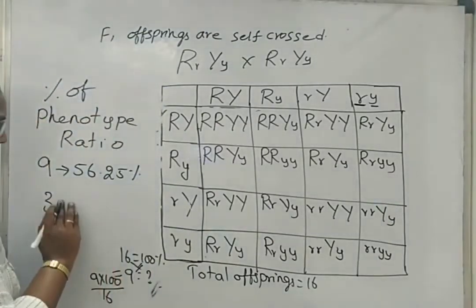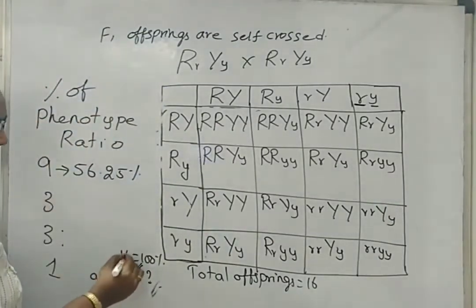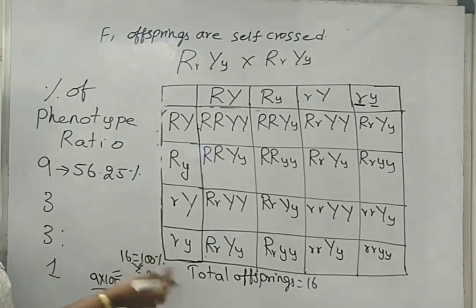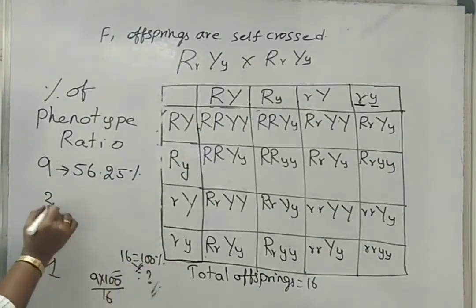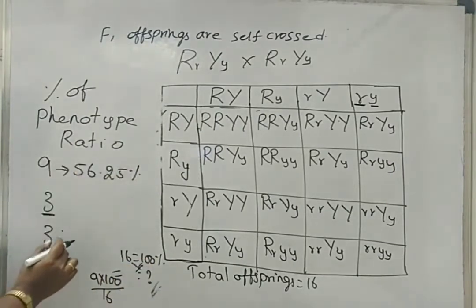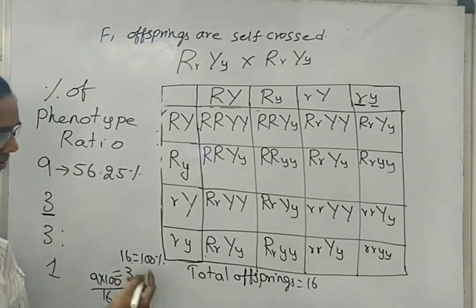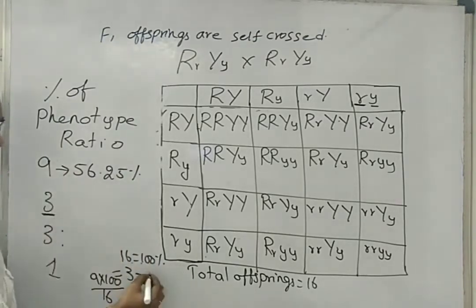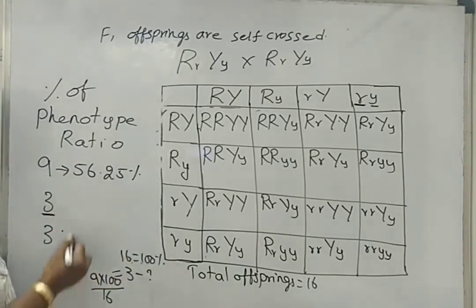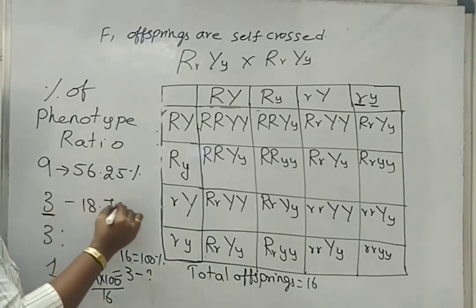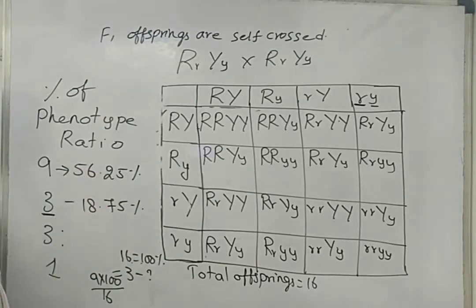In the same way, since 16 is considered as 100%, what will be the percentage of the first recombinant, the 3 round shaped with green color seed? Answer will be, if you do calculation, you do later, but I am writing directly the answers here, doing this small calculation which I have shown for the 9 round and yellow ones.